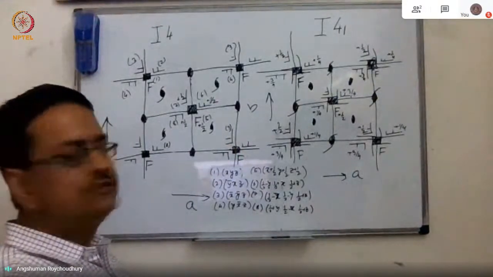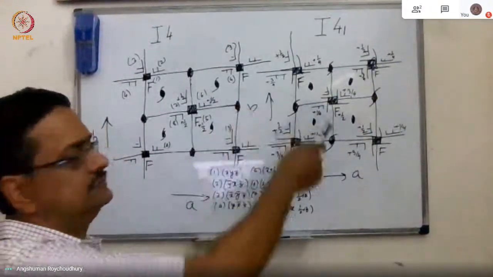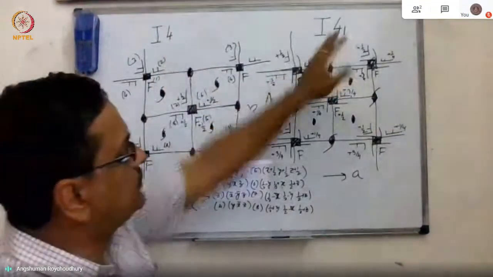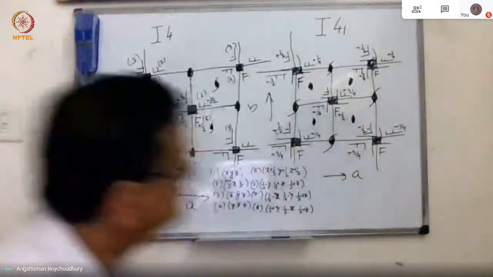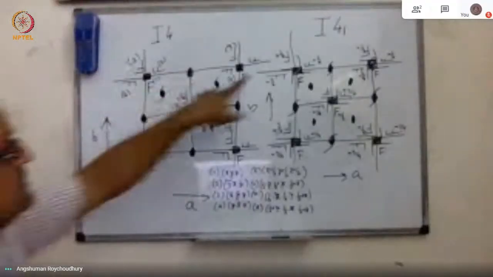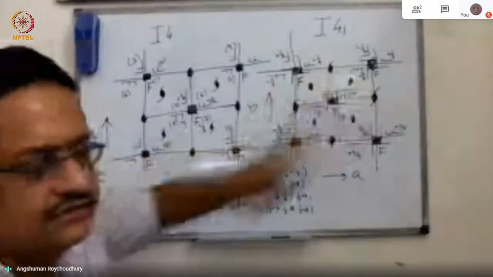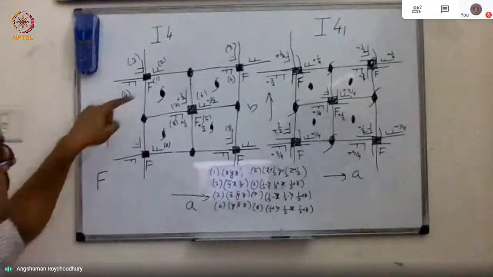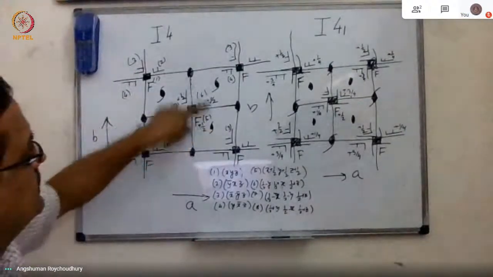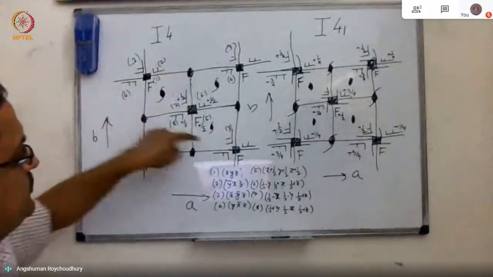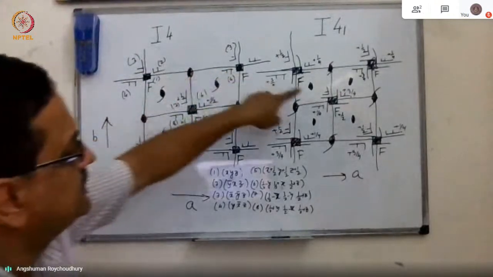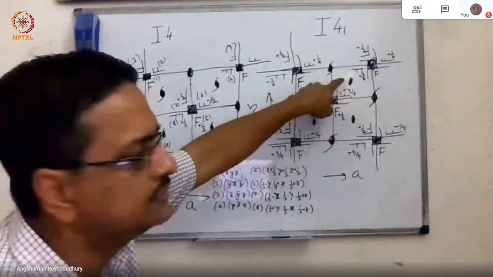So now can you see the difference between these two? I4 and I4_1, the 4-fold axes are located at similar positions. Here it is 4 and there it is 4-1. But the 2_1's here are at the 1/4 positions. Here at 1/4 positions you have 2.